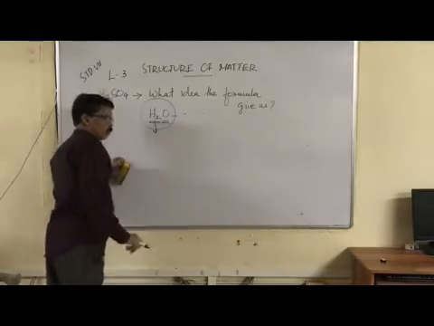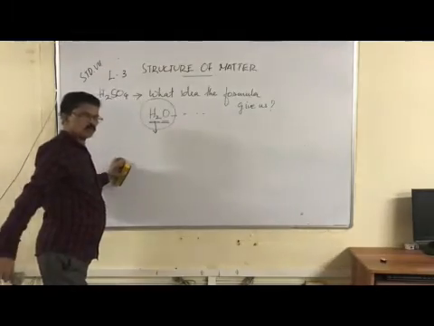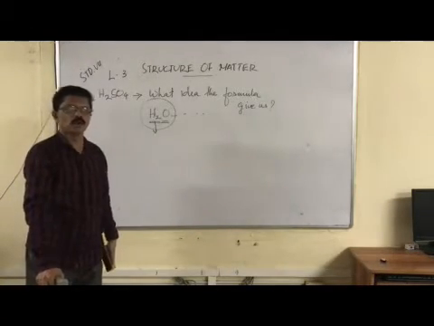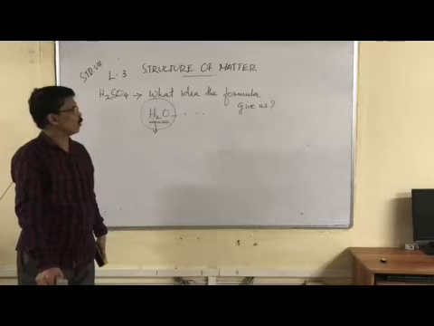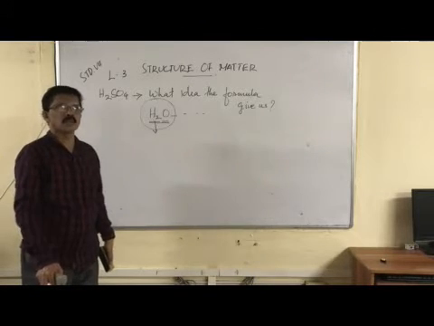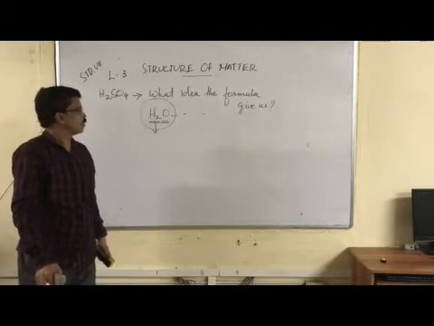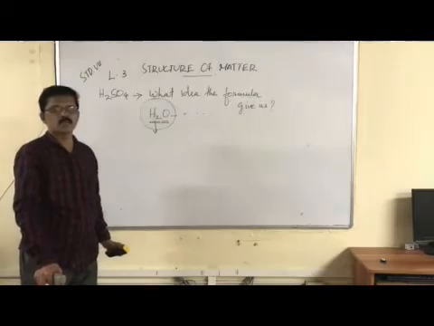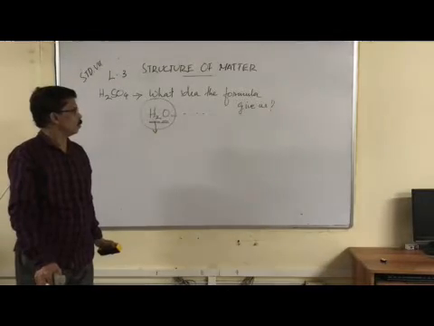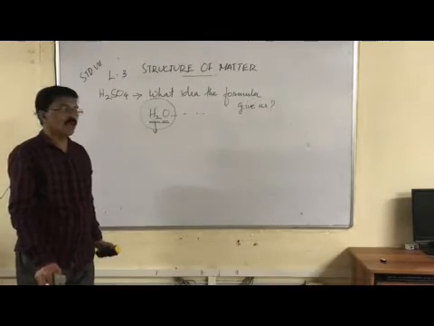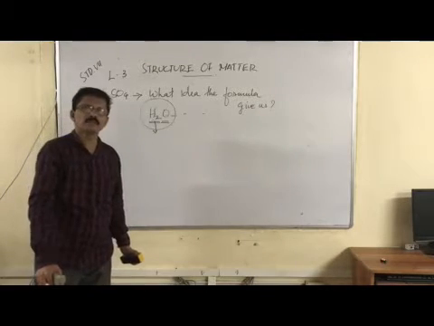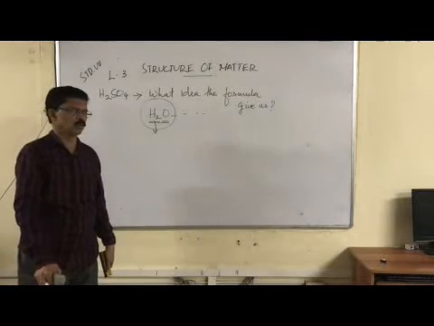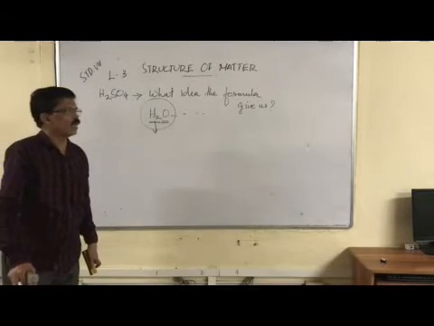That idea we also get from the formula. So the formula gave us the types of elements present in the compound, the proportion in which they are, the ratio of the elements in a compound, and the number of atoms of elements in a molecule.